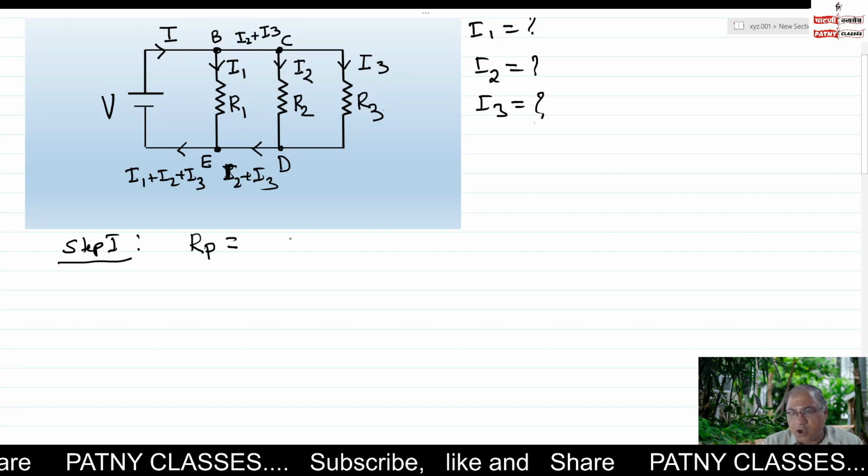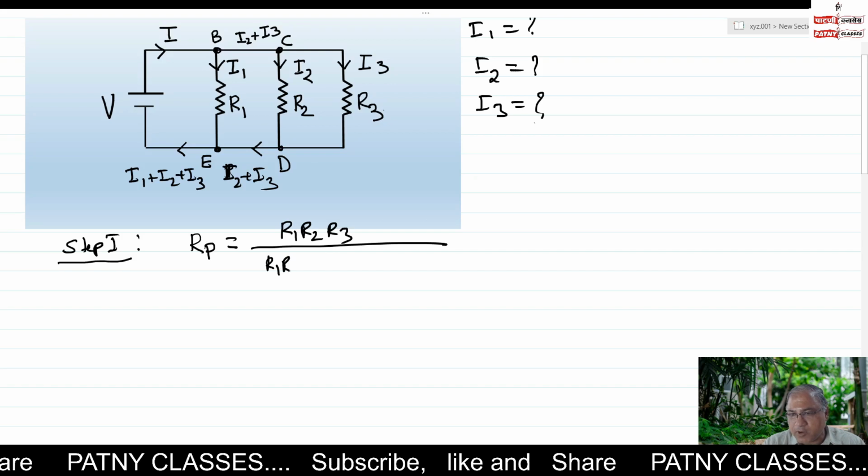All three resistors are in parallel. Therefore, the effective resistance of these three parallel resistors R1, R2, R3 is given by R1 R2 R3 upon R1 R2 plus R2 R3 plus R3 R1.